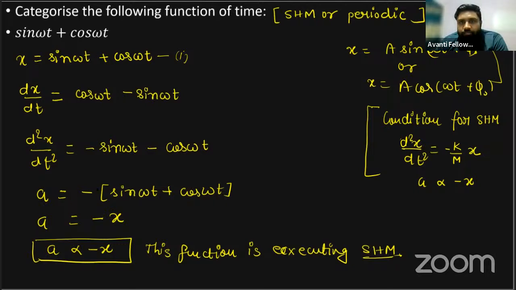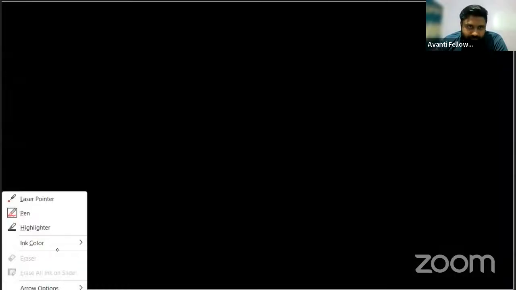Now, if I want to write it as x equals a cos omega t or a sin omega t plus phi, how do we find that? We have ways to do that also. The function we have is x equals sin omega t plus cos omega t.